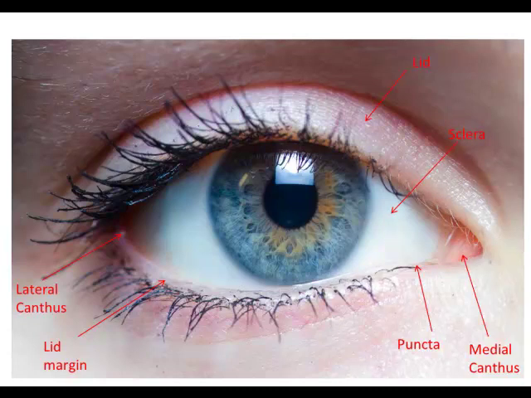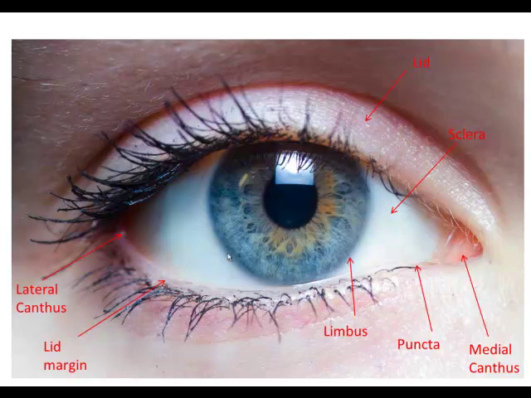The white part of your eye is called the sclera. There's actually a membranous portion that overlies the sclera that's called the conjunctiva, and the conjunctiva is what gets all red when somebody has conjunctivitis or pink eye. This border between where the white and the colored part are is called the limbus.